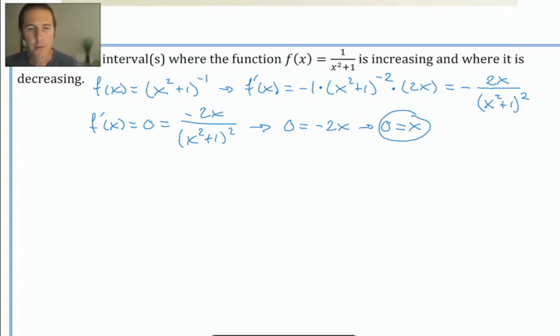You should look at your first derivative and see if there's any way to make your first derivative undefined.